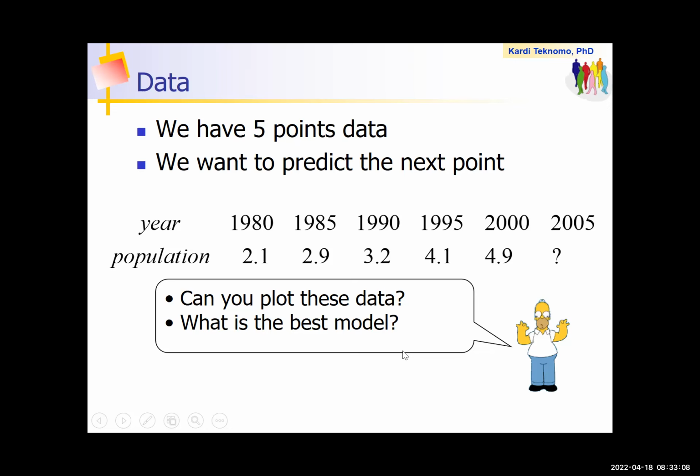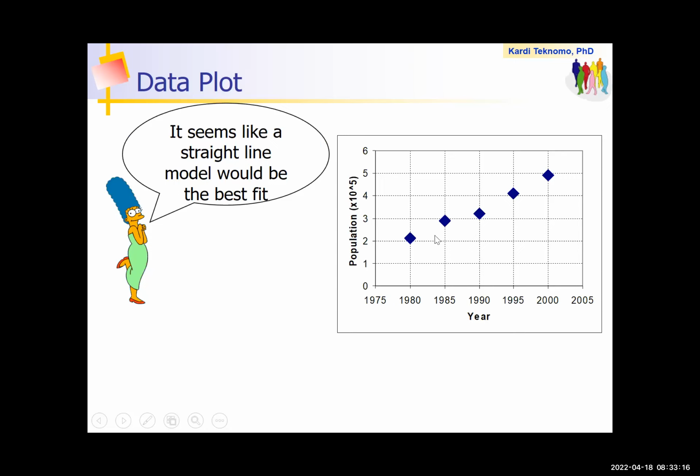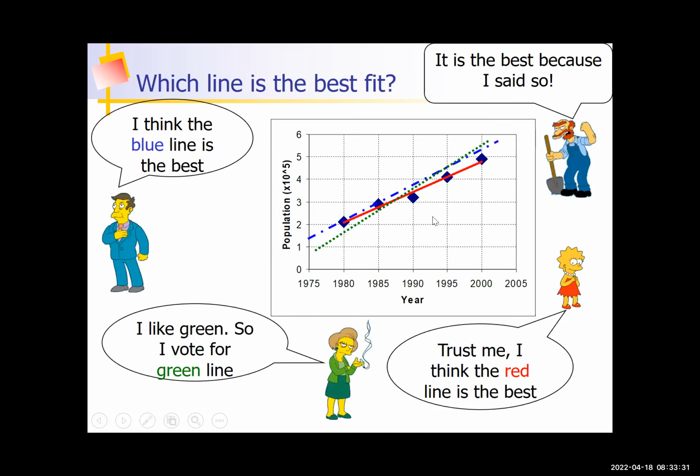Okay. So one way to do first is to plot this data. Here is the plot of the data, and based on this plot, a straight line model would be the best fit. But you can see that there are many ways to draw the straight line here.